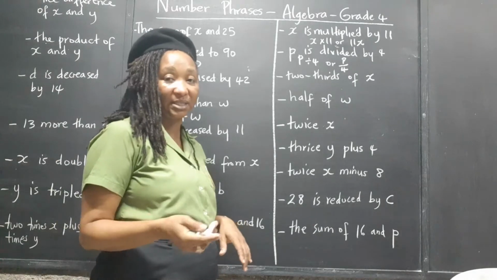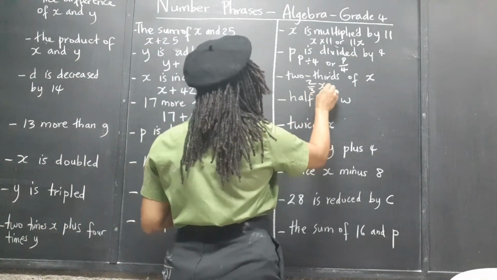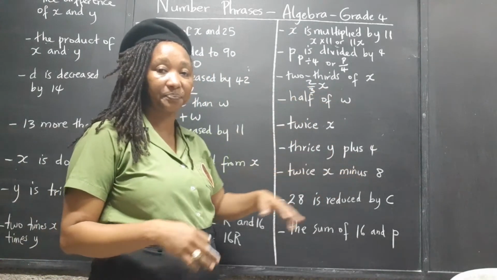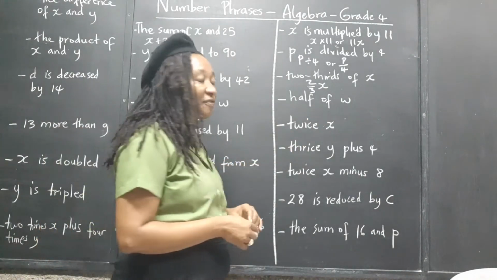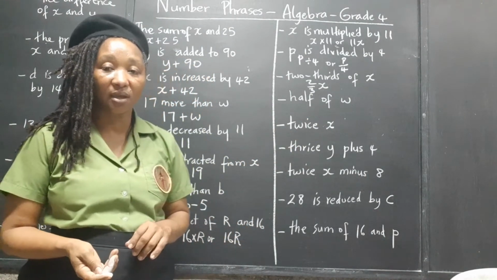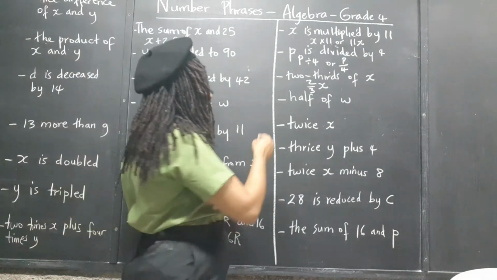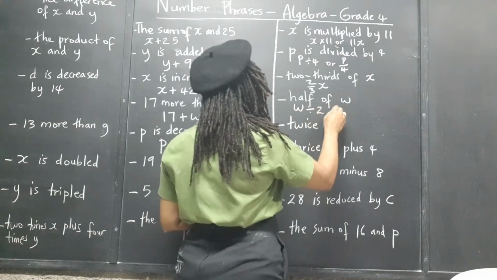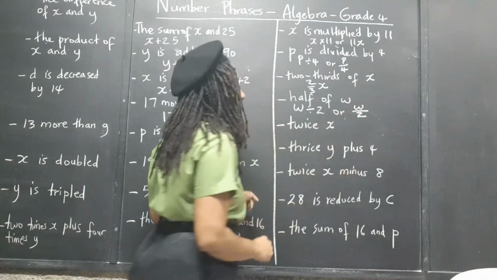2/3 of x. So 2/3 x. 2/3 of whatever x is. Half of w. When we're finding a half of something, we're dividing it by 2. So half of w would be w divided by 2, or we could write it this way.